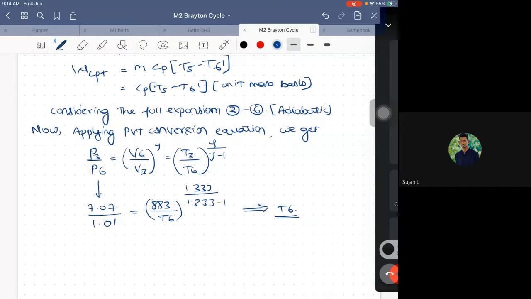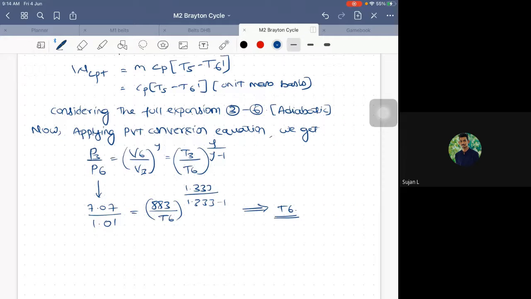Okay, so 543.056. So T6 is equal to 543.05. I would take that value, 543.05 Kelvin. So this is the value of T6.